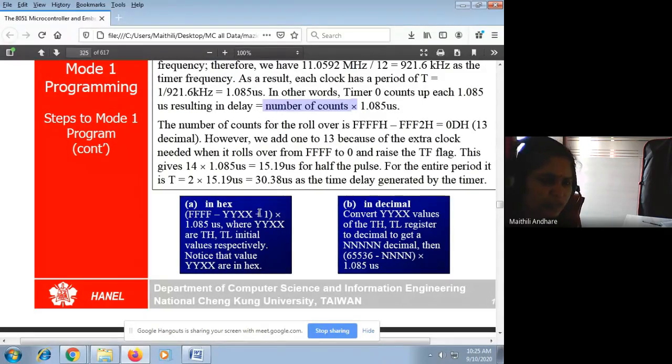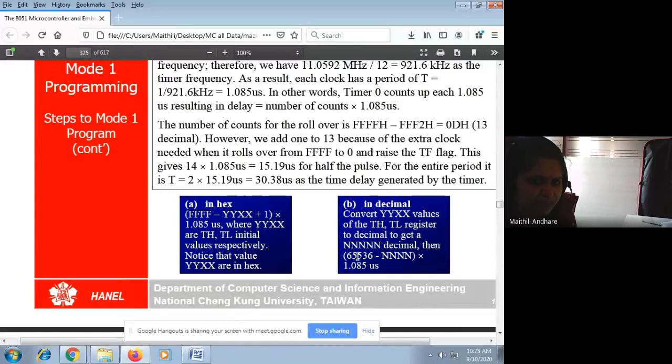Now one can ask why this plus 1 is required, madam. What is the intention of 1? Because the initial value is loaded and there is a maximum value, if you subtract, we get the number of counts of that timer. But when you do the calculations in hexadecimal, you have to add 1, because FFFF is the hex number. In decimal there is no need to add 1.